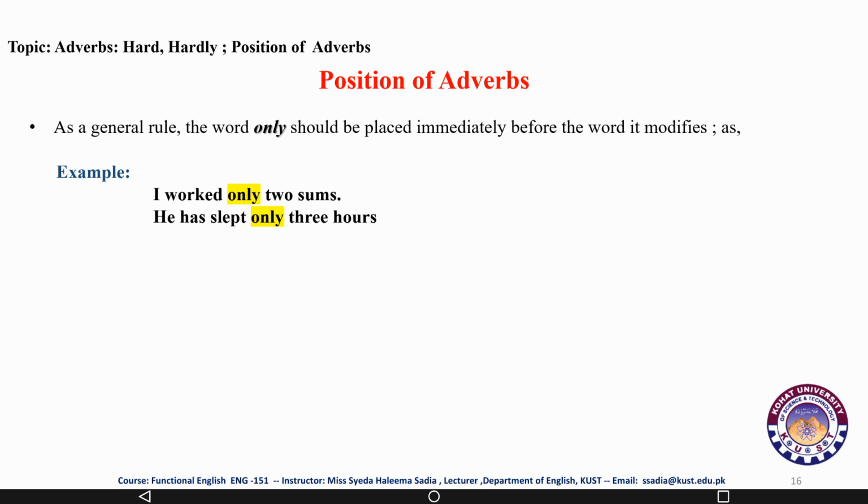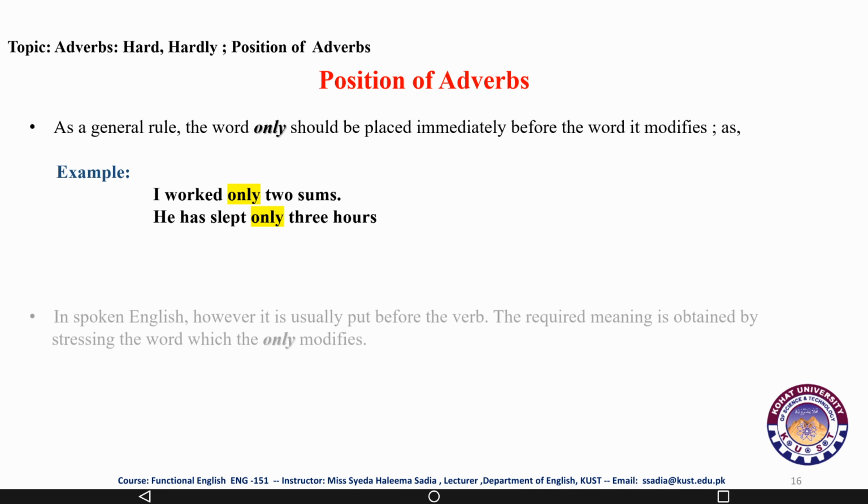So only is an adverb, and it should be placed immediately before the word it modifies. Only is modifying 2 sums, and only in the second sentence is modifying 3 hours. So it should be placed immediately before these words.